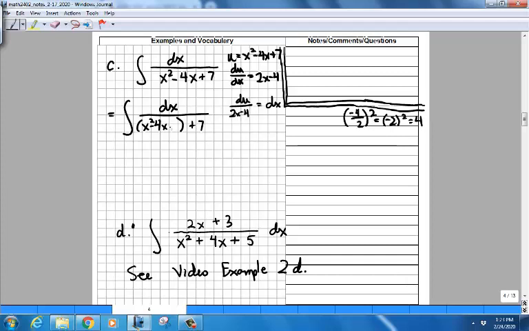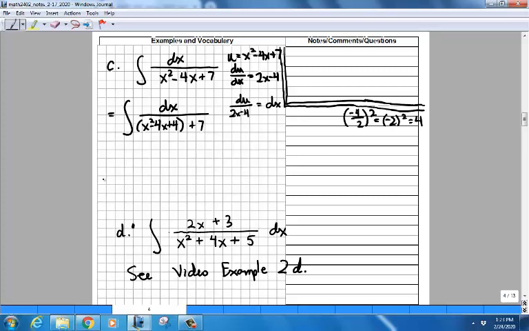So I'm going to insert here, that's why I left room, a positive 4 into the parentheses. And now what I claim is going to happen in just a second is this is going to factor as a perfect square. I can factor this expression, and it will factor as some quantity squared.